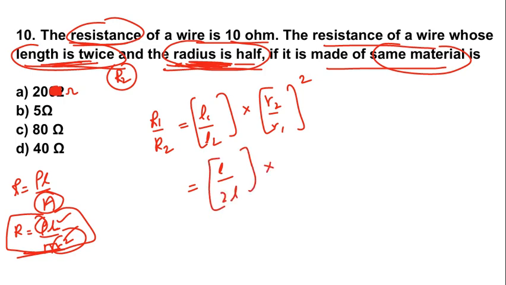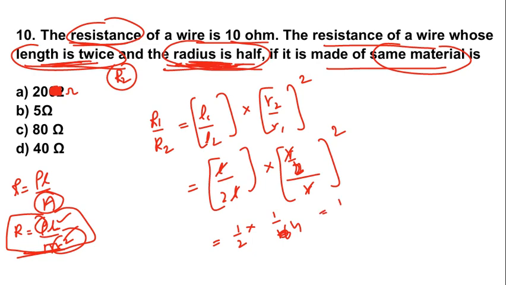And the radius ratio, how much is given? It becomes half, so let it be r, that is r by 2 by r. So here length cancels and radius cancels. What you will get? 1 by 2 into 1 by 2 whole square, that is 1 by 4, so equals 1 by 8.